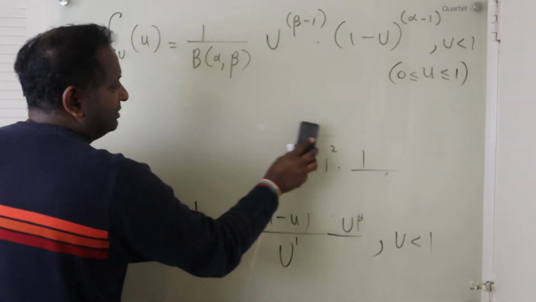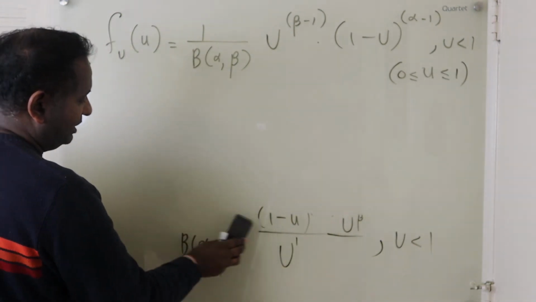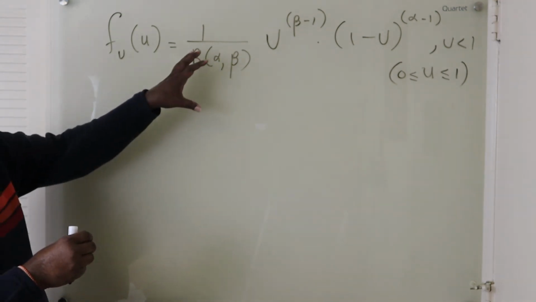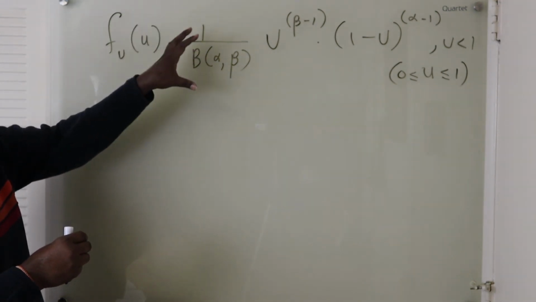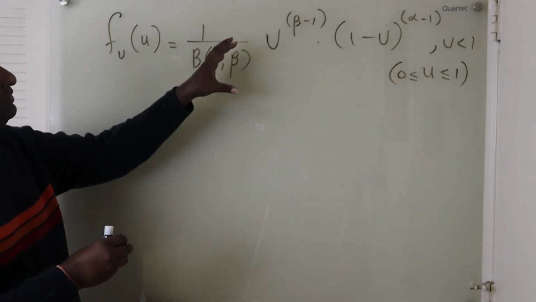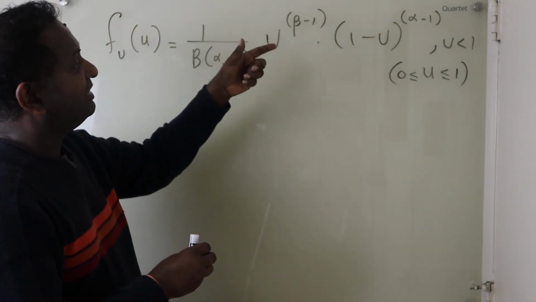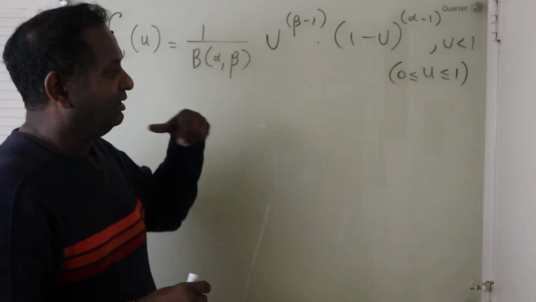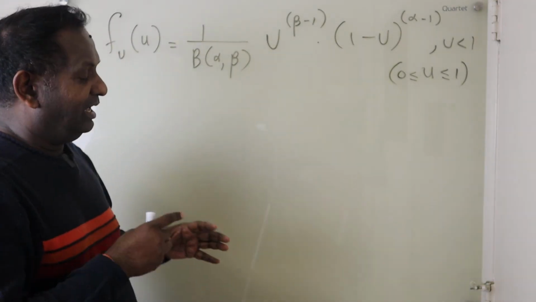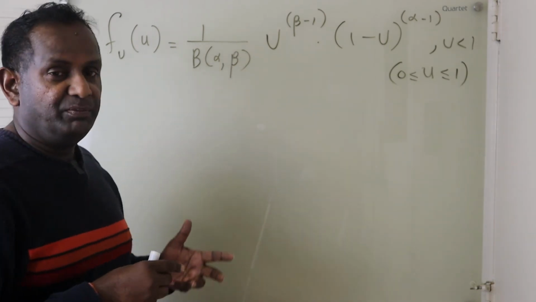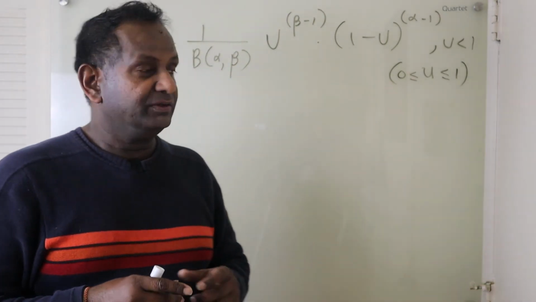Look at this one. If you look at this structure, you are very familiar with it. This is the density of the beta distribution of the first kind. You have the second kind, and with a certain adjustment or transformation, you can come up with the beta distribution of the first kind.